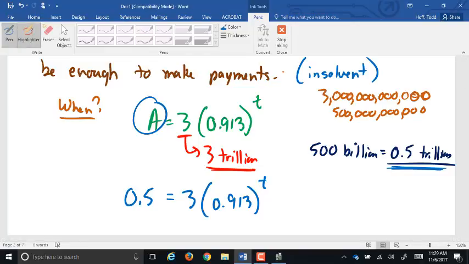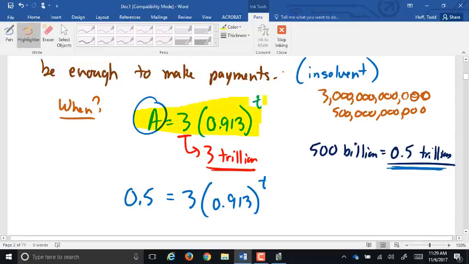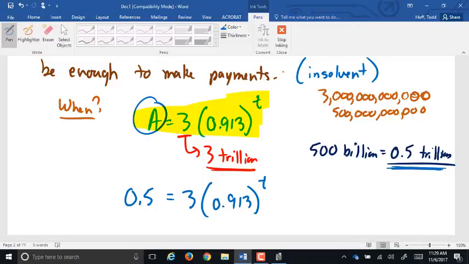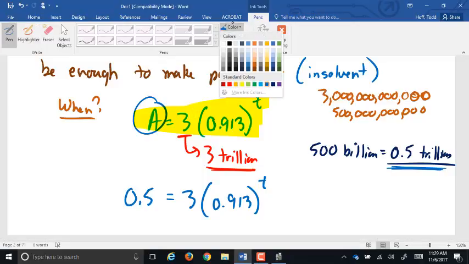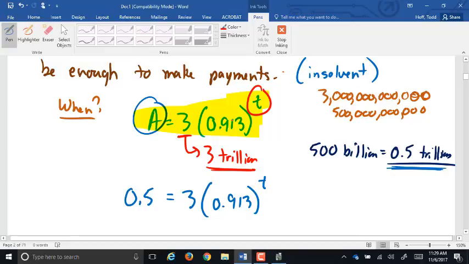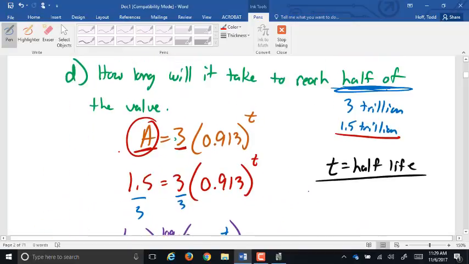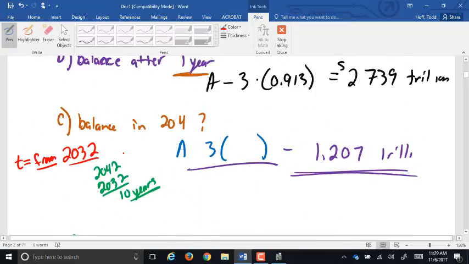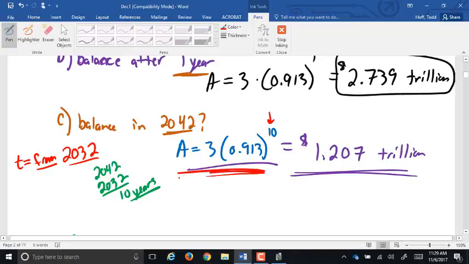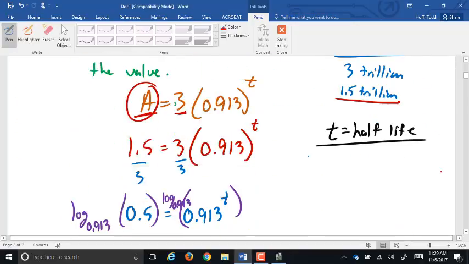Remember, once we've created our model, the model isn't going to change. The only thing we can really do within that model is put a number in for t and solve for a like we did up above. We put in t as the number of years to see the balance at whatever year up here.